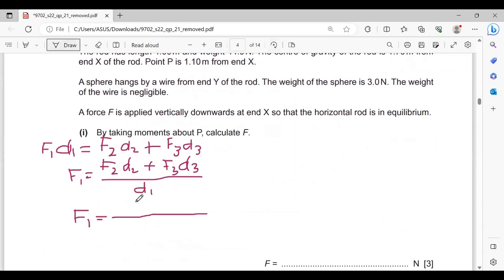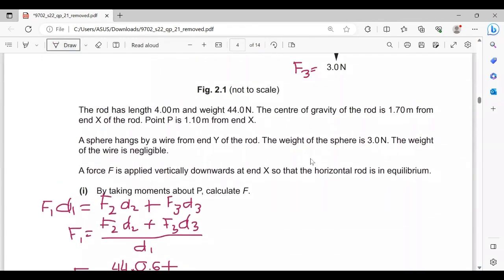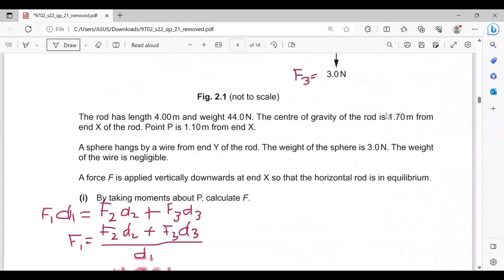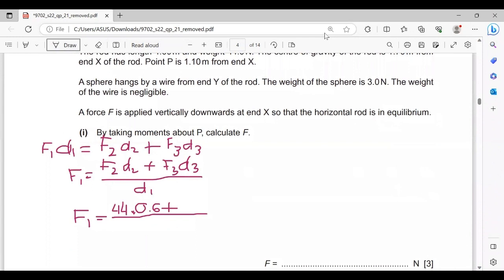So 44 times 0.6, multiply, plus F3 D3. F3 is 3 newtons, while D3 is 2.9.